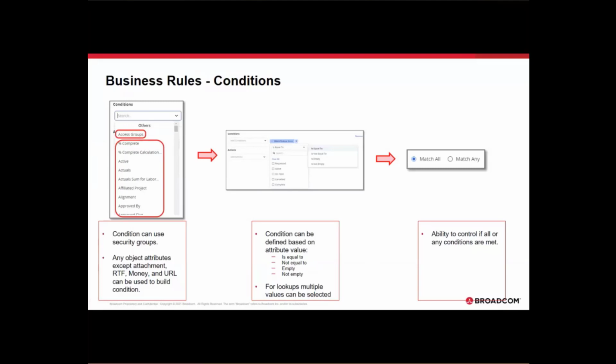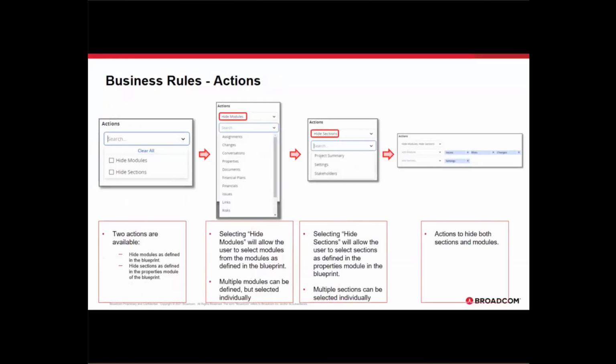After you've defined multiple attribute conditions, you can say whether all those conditions need to be met or any one of them. After building the conditions, you can then define actions, and there are two possible actions that can be done at this point. The two actions are either to hide a module or hide a section.